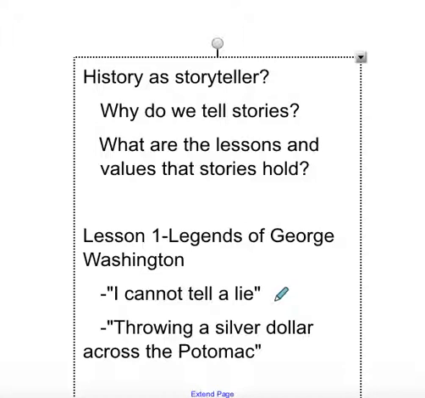A second one is the legend of George Washington throwing a silver dollar across the Potomac. Even though that was impossible, because it's just such a wide river, especially in that area, it suggests that Washington's greatness was a result of his physical prowess. So we have George Washington's brilliant character and physical prowess which help explain why he's great.